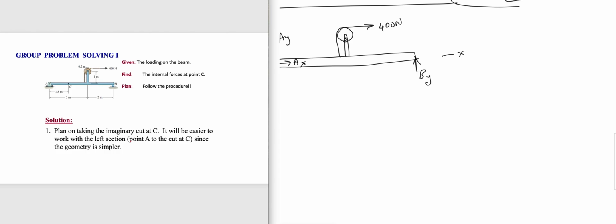I have to give all the distances. So this is 3 meter, this is 2 meter, right? This is 1 meter, and the radius is given as 0.2 meter.